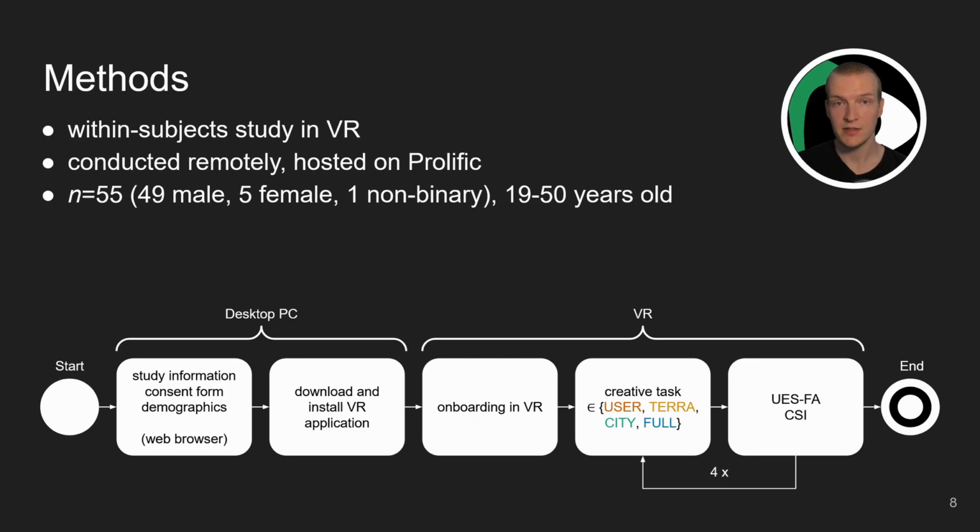Here, they gave consent, entered demographic information, and downloaded the application. Inside the VR environment, they completed a tutorial and received instructions on how to conduct the study. In counterbalanced order, each participant performed one of 4 random tasks in each of the 4 conditions and completed 2 questionnaires at the end: the User Engagement Scale Focused Attention and the Creativity Support Index, or CSI.